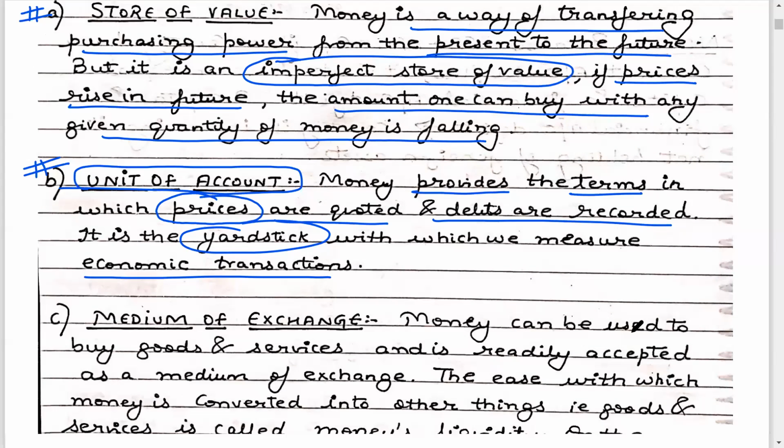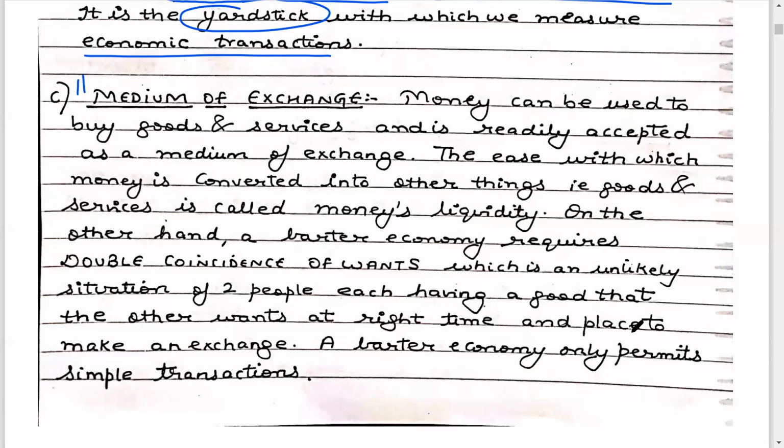Okay, and the third broad function of money is medium of exchange. Now this is a self-explanatory point, and in this point I've also added the barter system. So money can be used to buy goods and services and is readily accepted as a medium of exchange.